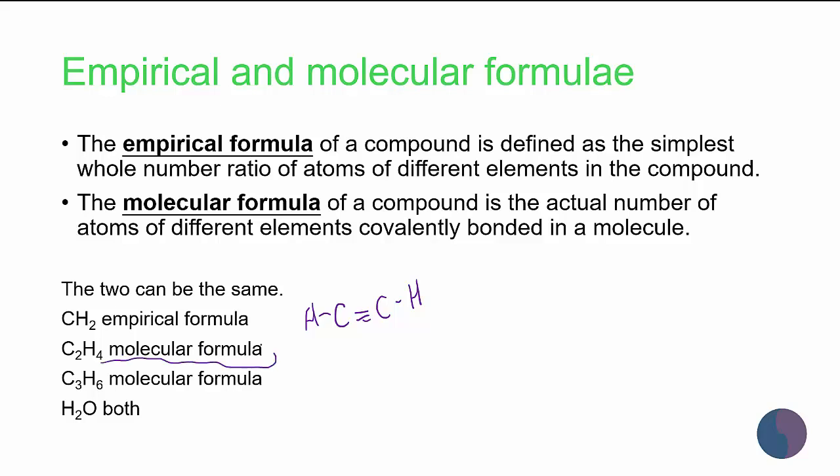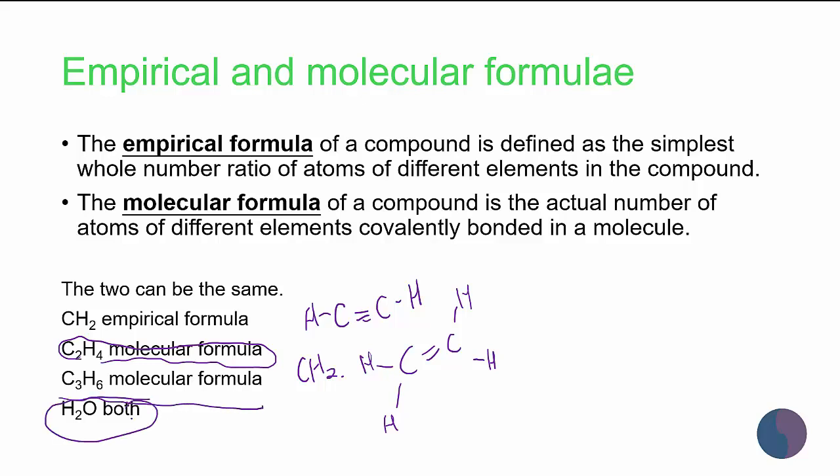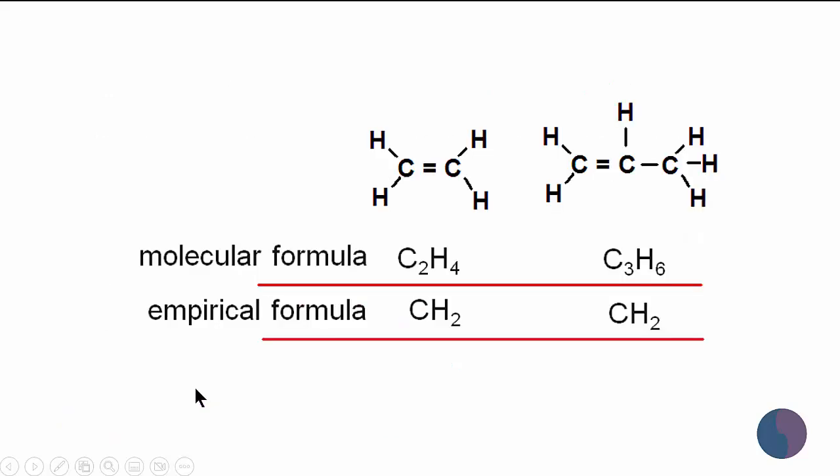This one can't be an empirical formula because it is a molecule that looks like this, and the lowest whole number ratio would be CH2, so you can still divide it by 2. Same with this one, it has to be a molecular formula, it can't be an empirical formula. H2O could be both.